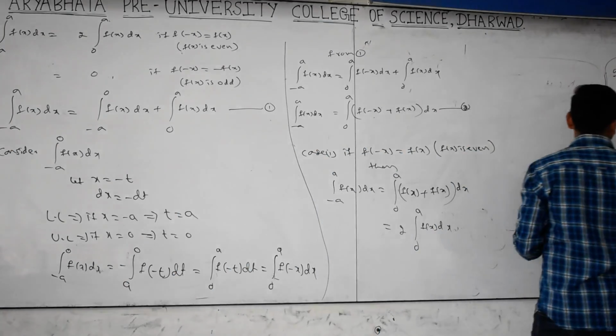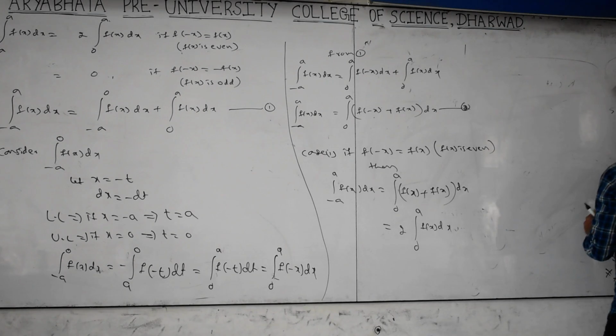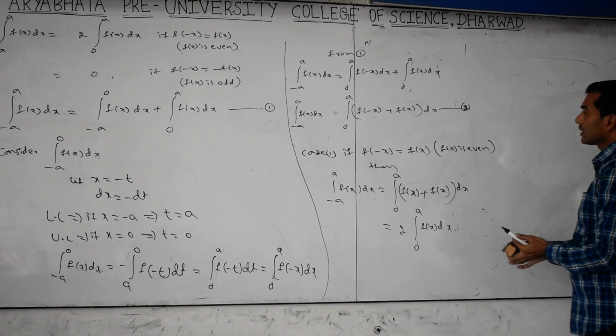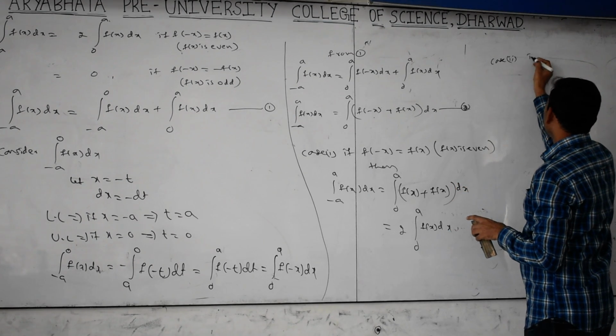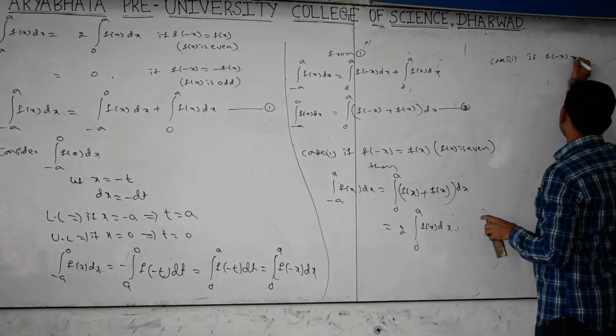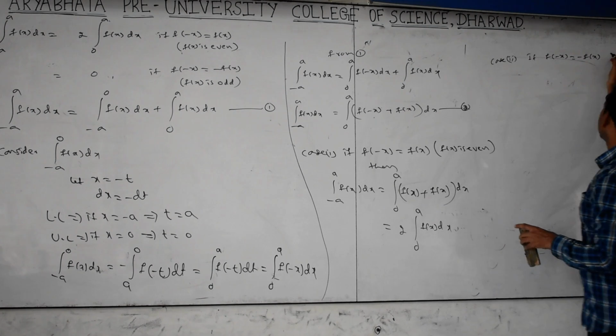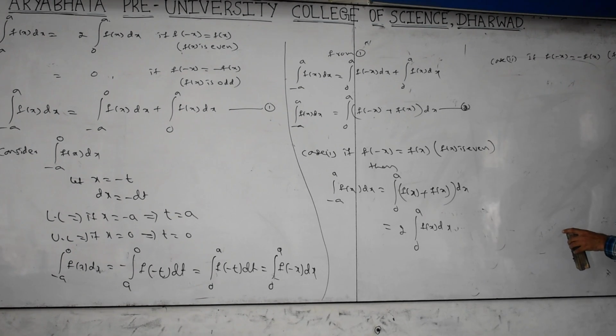Next, case 2. If f of minus x equal to minus f of x, that means f of x is an odd function.